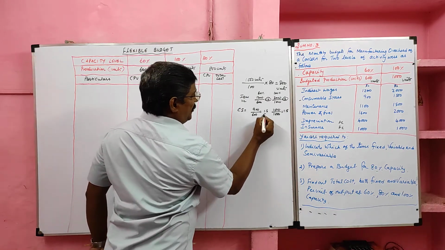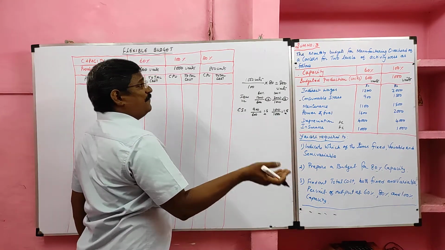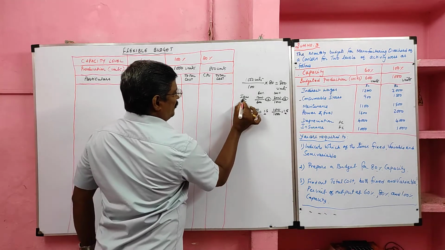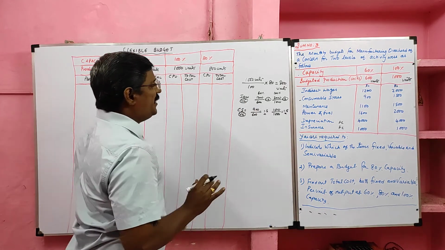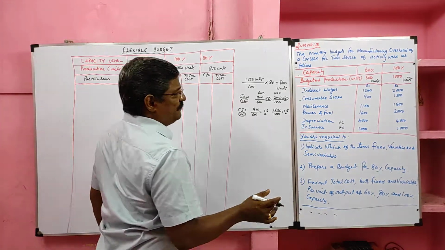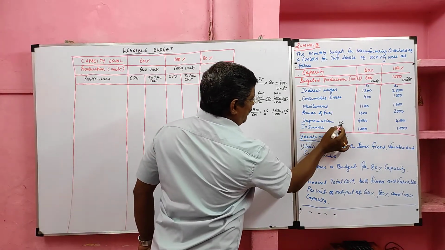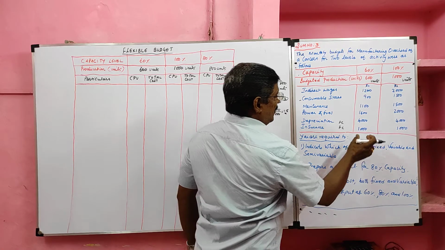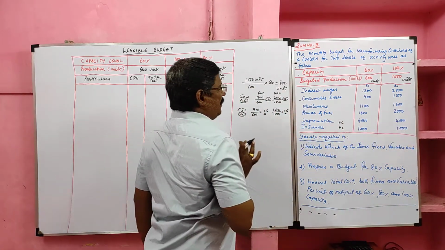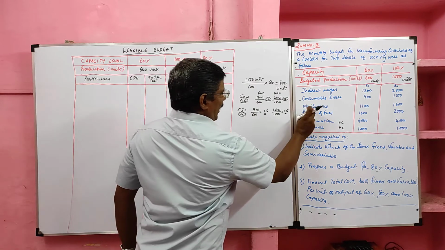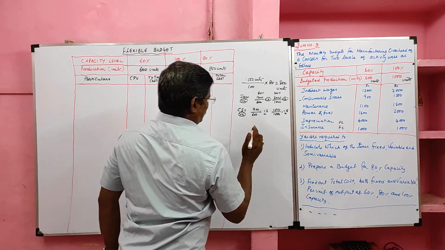So here cost per unit remains the same. If it is the same, we should treat it as a variable cost. So indirect wages as well as consumable stores are both considered to be variable cost. Already we found depreciation and insurance are fixed cost, because in fixed cost, total cost remains constant at any level of activity. Then we are going to identify the maintenance.